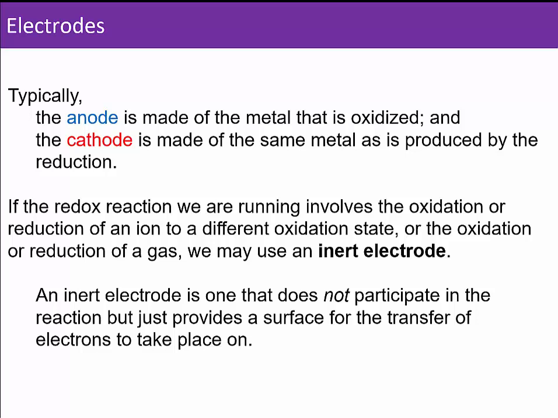So an inert electrode is one that does not participate in the reaction, just provides a place for those electrons to jump on or off of the chemical species that you're interested in. So it can be something like platinum, right? Platinum is a noble metal. It's relatively inert. So you'll oftentimes see platinum electrodes. You will see carbon, glassy carbon electrodes, where they're taking some condensed form of carbon, and it's not going to be involved in the reaction you're looking at, but it is chemically pretty durable.